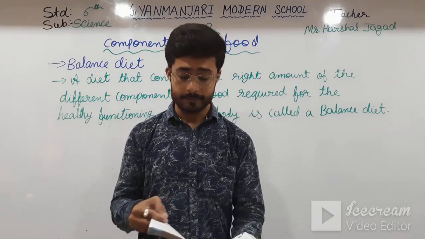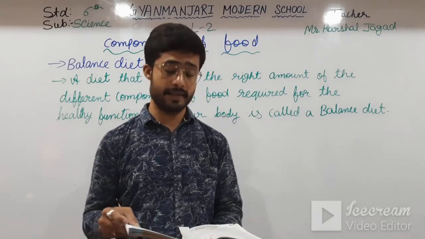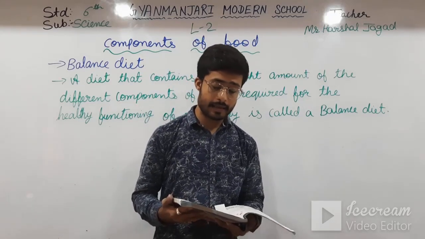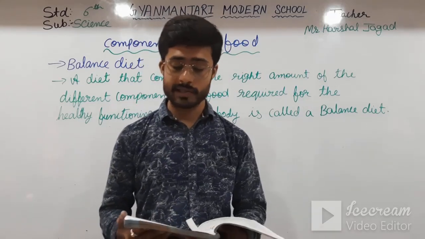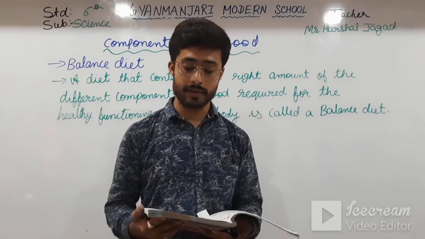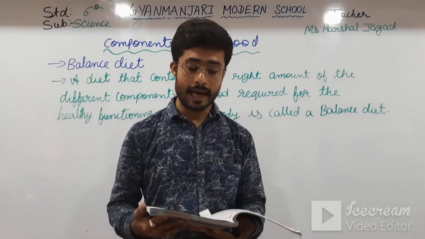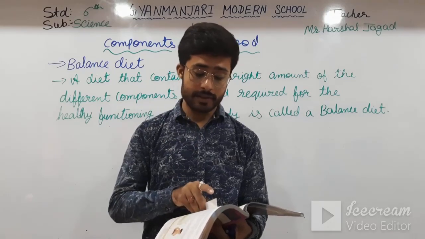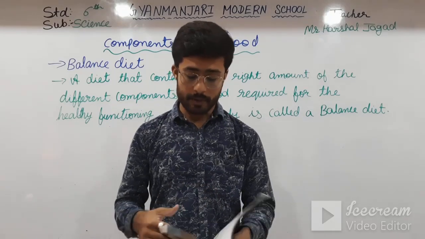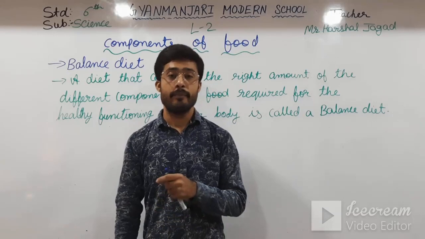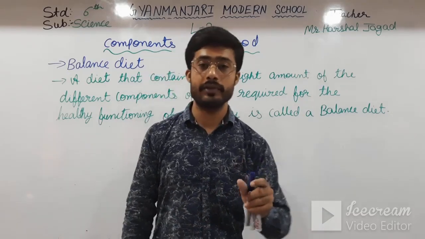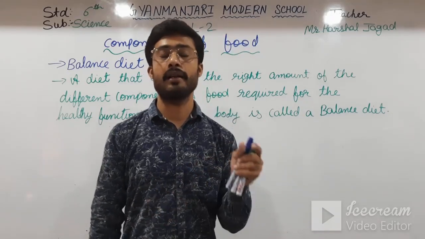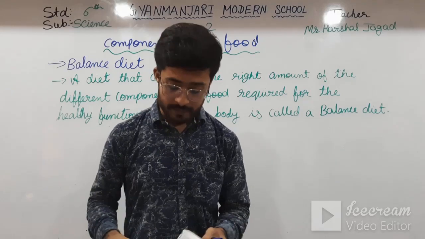There are some deficiency diseases. See here, the diseases that are caused due to the lack of nutrients such as carbohydrates, proteins, vitamins or minerals in the diet are called deficiency diseases. See here, deficiency of carbohydrates and protein. We have seen that picture, what happens if there is deficiency of carbohydrate, and what happens if there is deficiency of proteins.